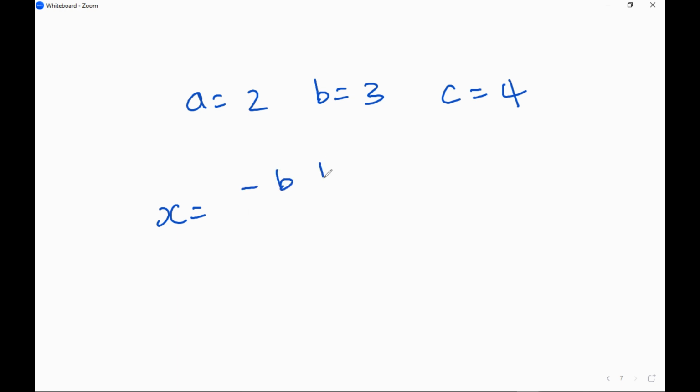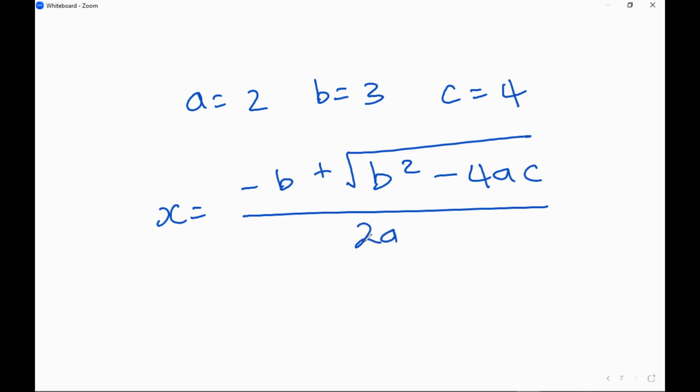The next part now is I'm going to introduce substitution, but for a very specific formula. The formula looks like this. If a is equal to 2 and b is equal to 3 and c is equal to 4, see if you can get it substituted into the formula: minus b plus, let's make it plus, square root of b squared minus 4ac, over 2a.